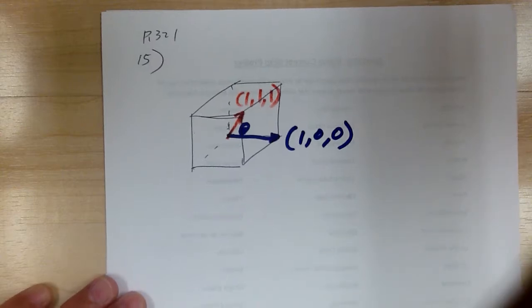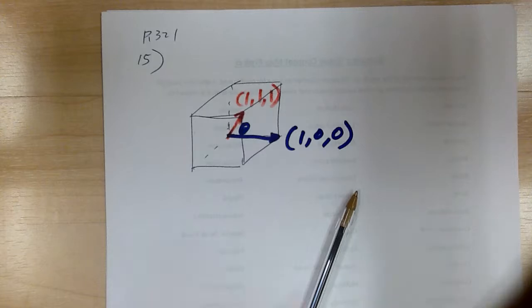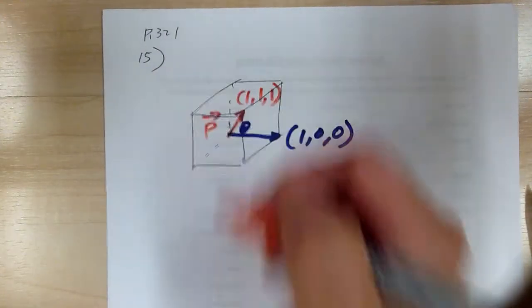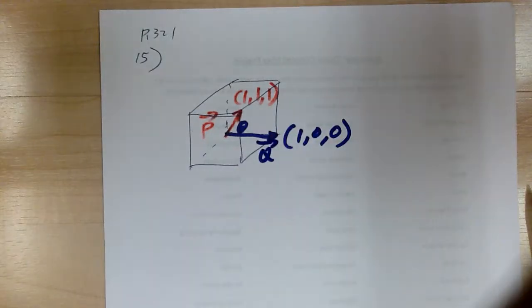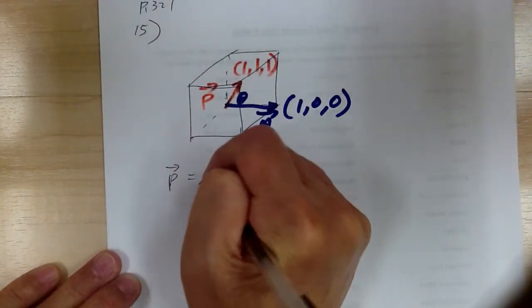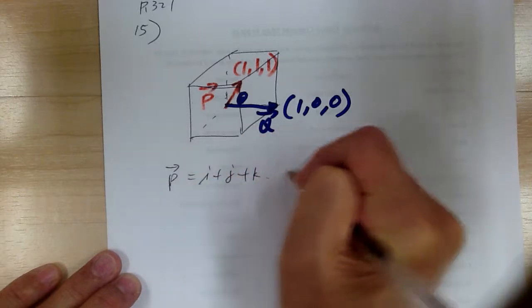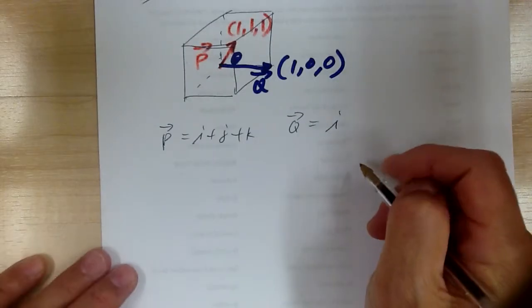It doesn't matter what size you use, so use 1 because it's the easiest. So we'll call this vector P, and this is vector Q. So vector P equal to i plus j plus k, and vector Q equal to i, and that's it.